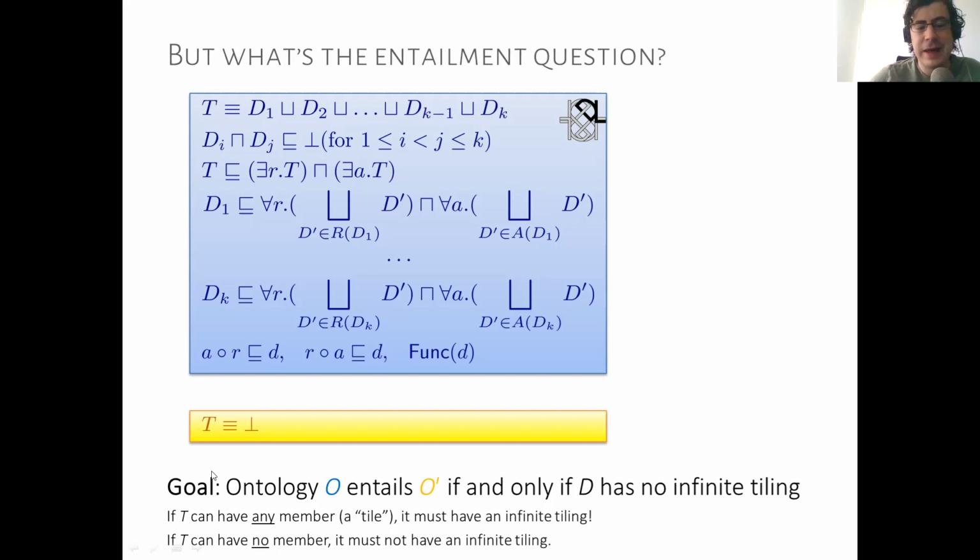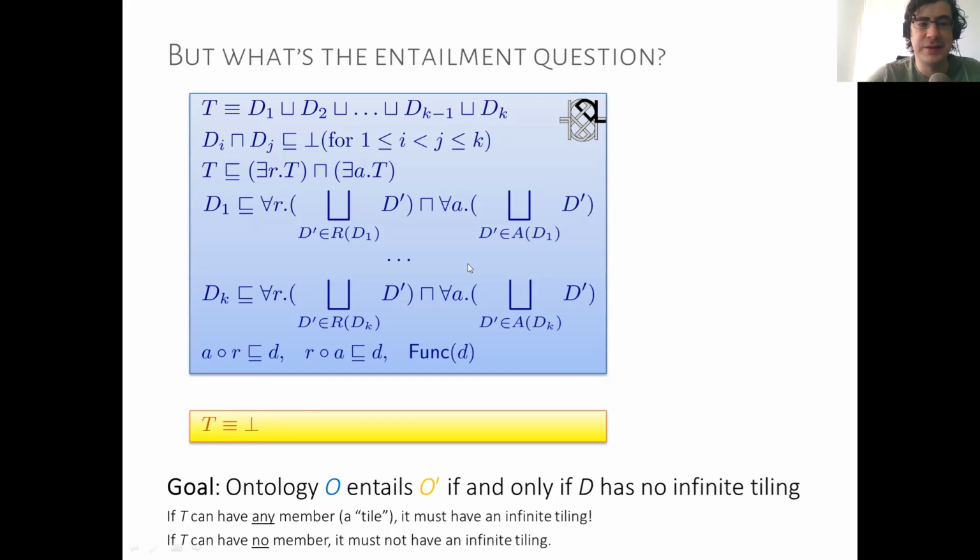So if T can have any member, if it's consistent for there to exist any tile, then there is a tiling. Otherwise, the only conclusion is that the set of tiles must be empty, because if there were a single tile, then there would be a tiling.